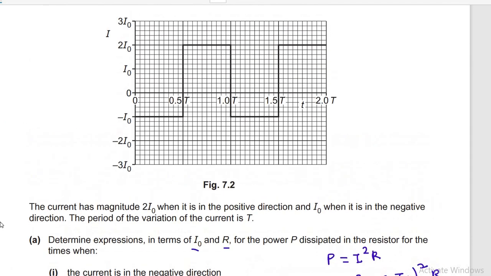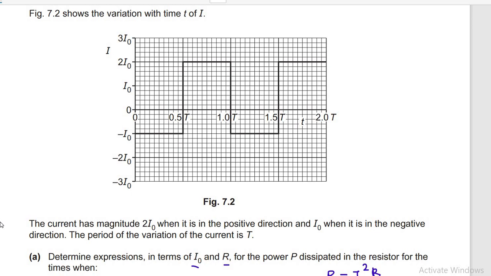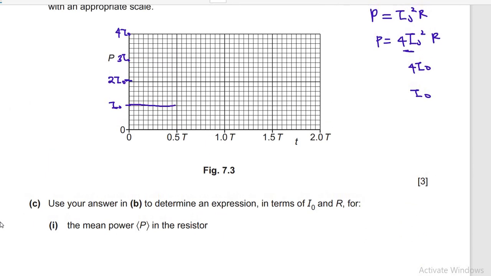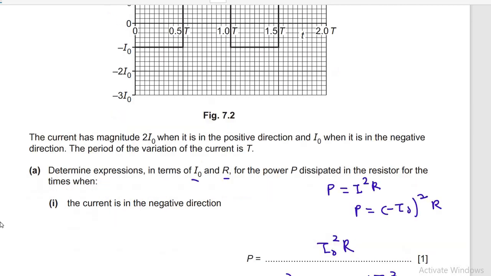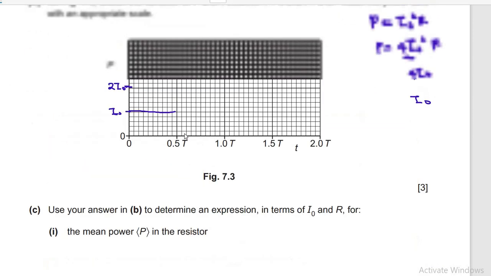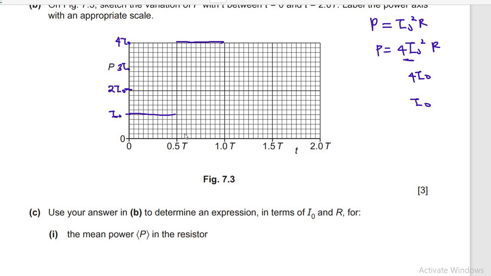And when it's 2I0, it's from 0.5 to 1. 2I0 is the one that forms 4I0 squared here, 0.5 to 1. And from 1 to 1.5, negative I0, the power, the negative is positive. So 1 to 1.5 is still on I0 squared. But from 1.5 to 2 is 4I0 squared.